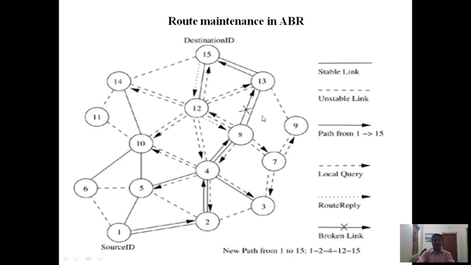And this is route maintenance in associativity based routing. If any link is damaged, then the intermediate nodes or the source node help to establish a new link to the destination node and continue transferring the data.